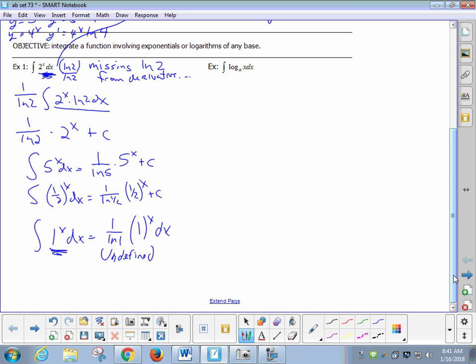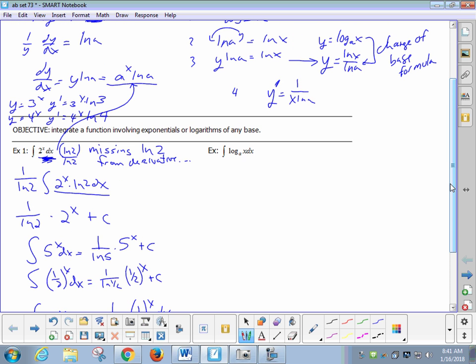Okay, log base a of x. This is hard to integrate, so the first thing you use is change of base. Remember that log base a of x is equivalent to natural log of x over natural log of a.